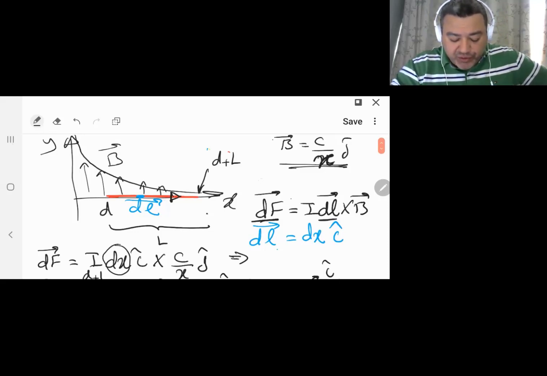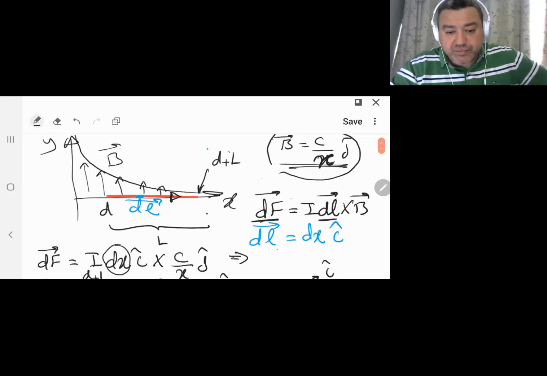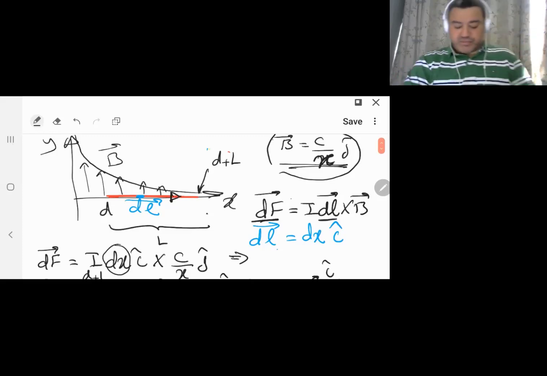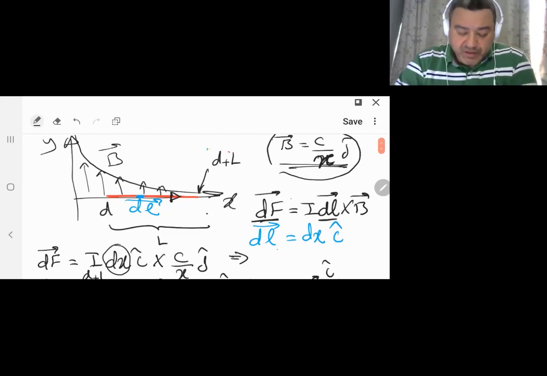So at every single point, the direction is y, however, the magnitude is changing based on this equation. No, it's not uniform. The word uniform means magnitude and direction are the same everywhere in the field. Okay, so let's move on.